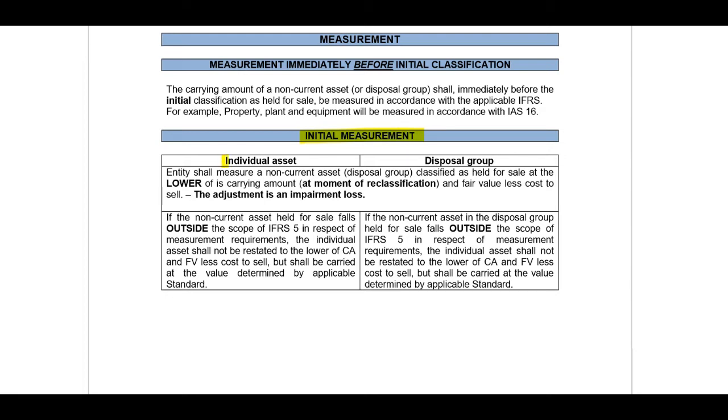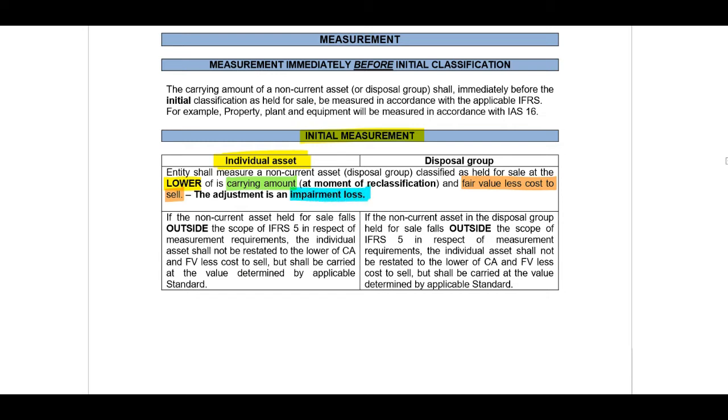We are looking at an individual asset, only one asset, it's a patent. The entity shall measure a non-current asset classified as held for sale at the lower of its carrying amount at the moment of reclassification and fair value less cost to sell. And that difference will then be our impairment.